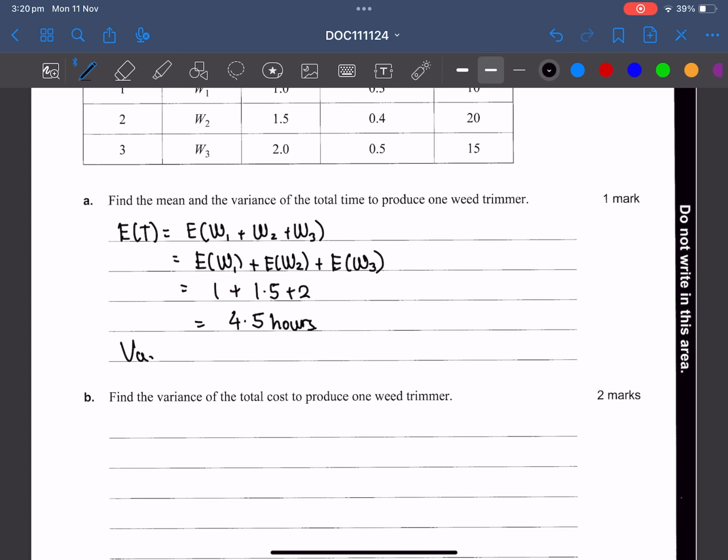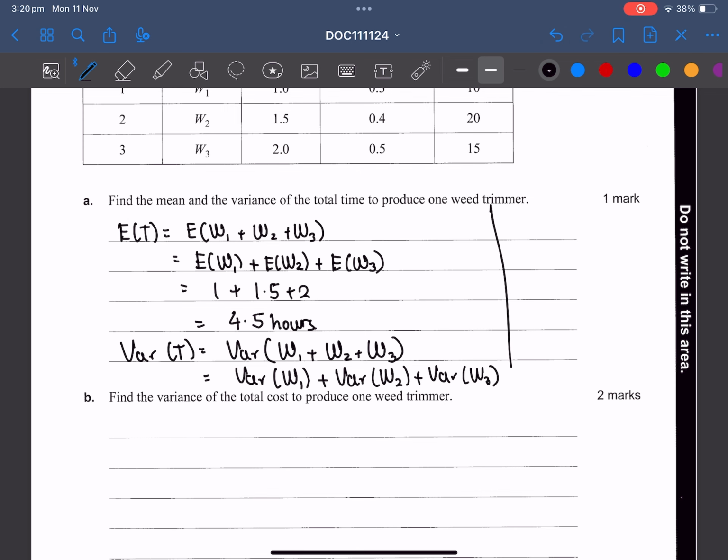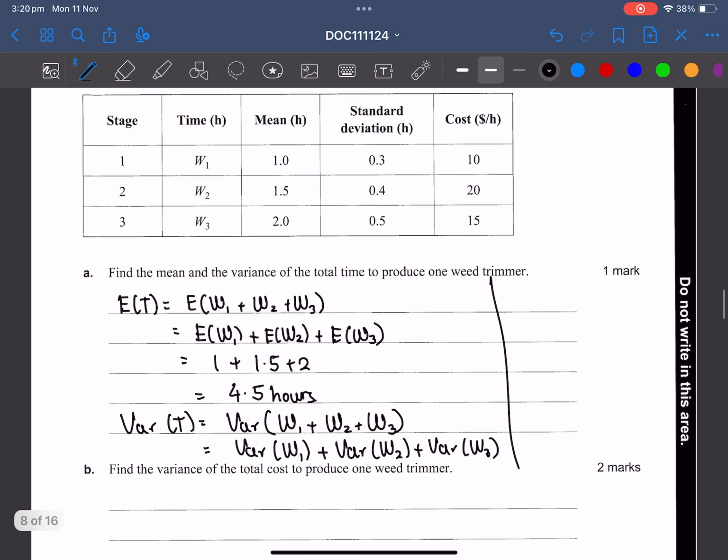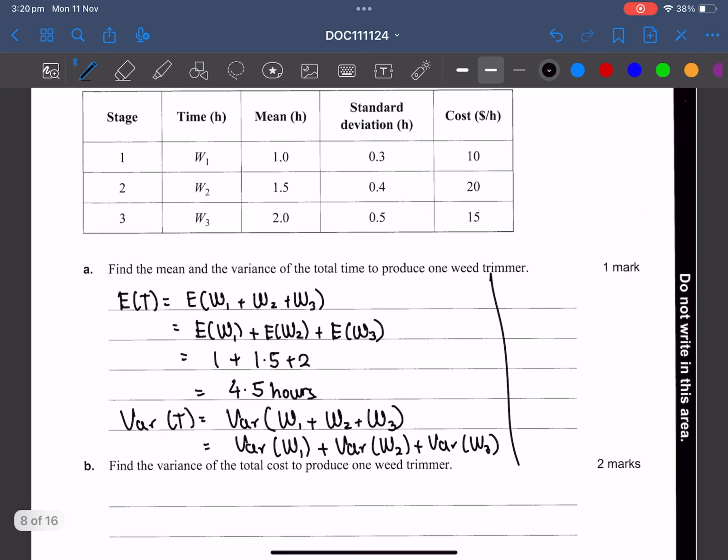So now we'll say the variance of the time, which is going to be the same thing. So variance of this plus variance of this plus variance of W3. Okay, we don't have the variance, but we have the standard deviation, so we can just square them.